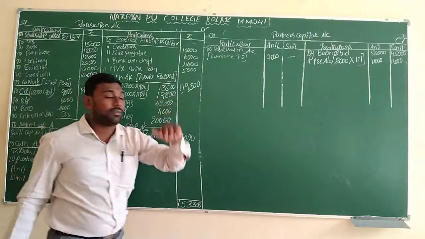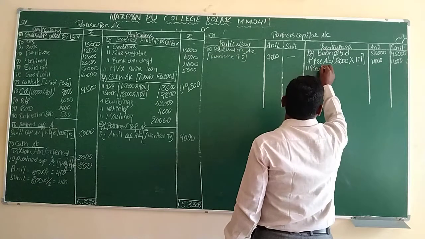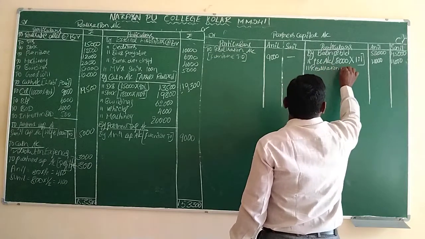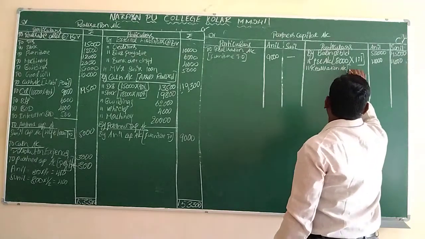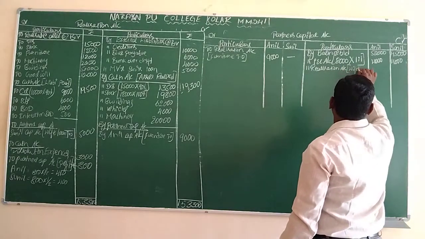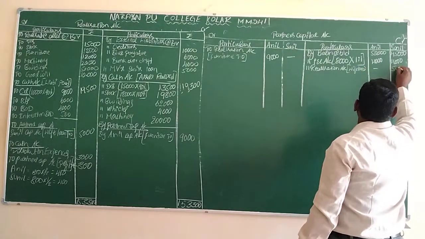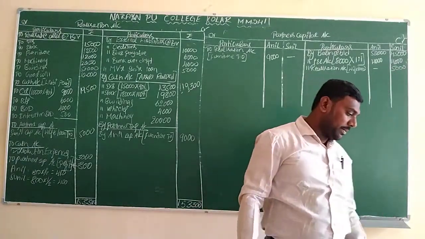In the next account, the credit side, we write by realization account, in brackets wife's loan. Who is going to take it? Sunil has taken it over, so we transfer it to Sunil's account only.